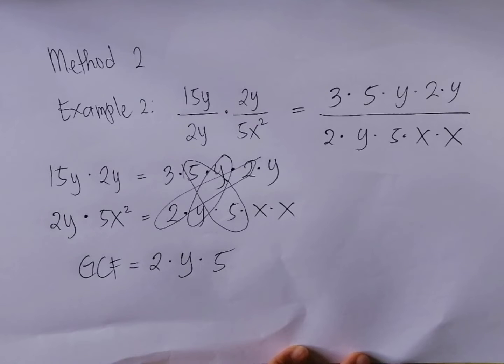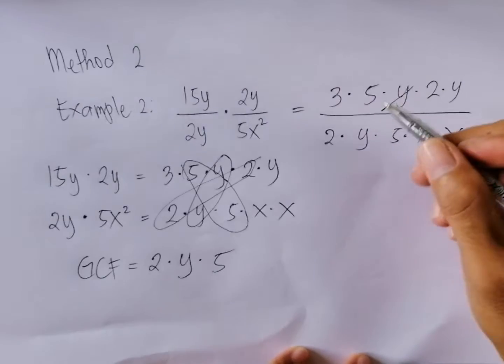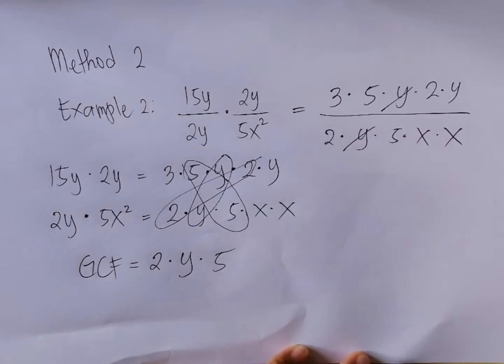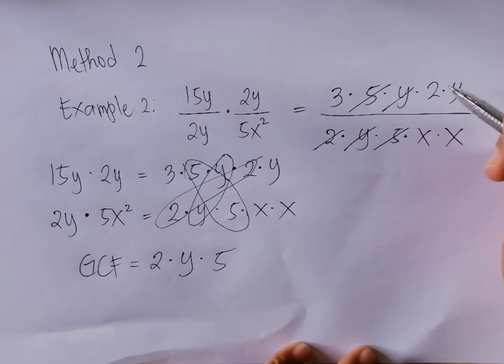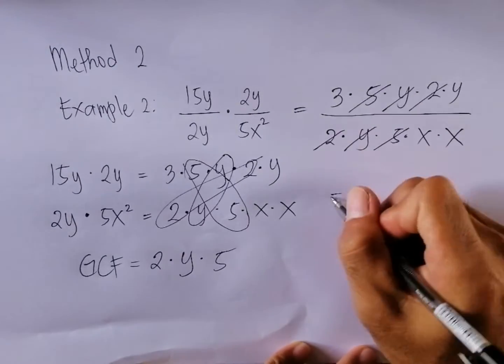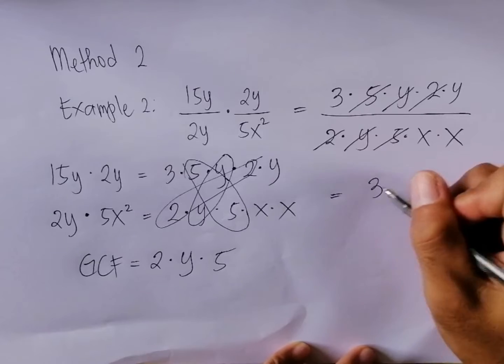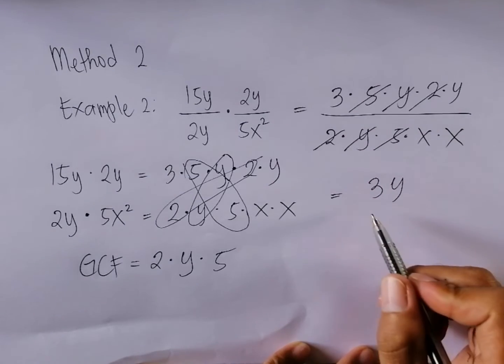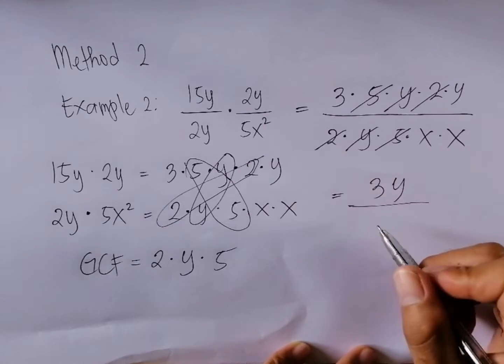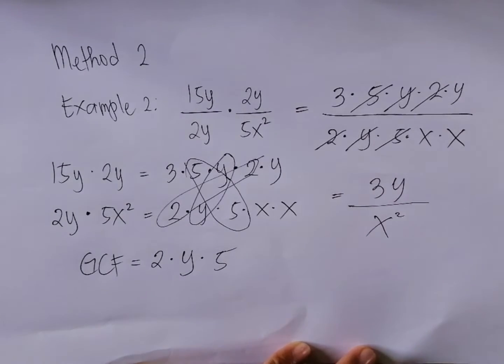Okay, so divide out GCMF, y divided by y is equal to 1, 5 divided by 5, then 2 divided by 2. So the answer is equal to 3y over x times x, that is x squared.